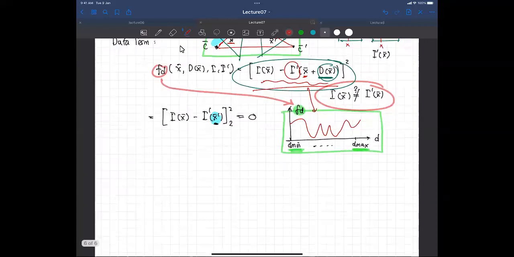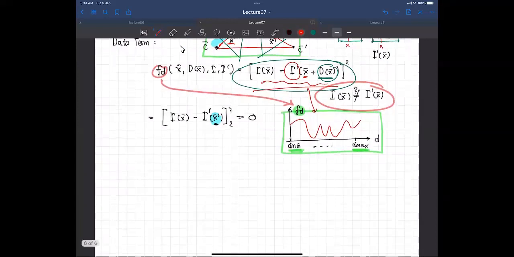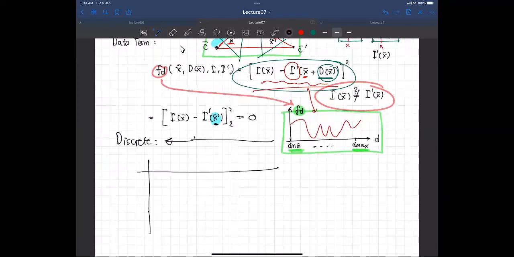In other words, if it is discretized in your program, the discrete version of this graph will be, for one target pixel, you will have f_d.